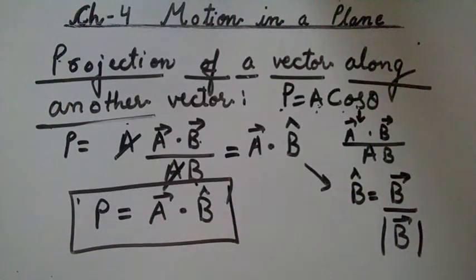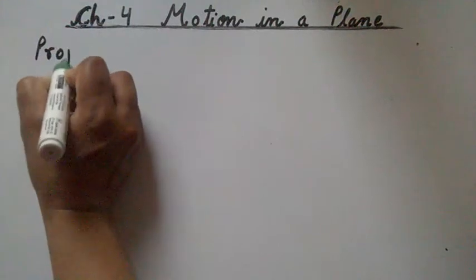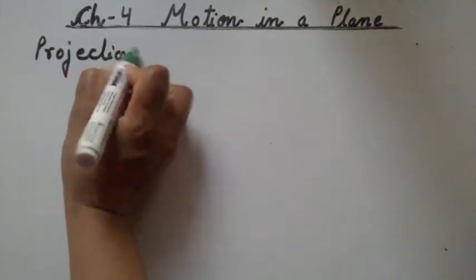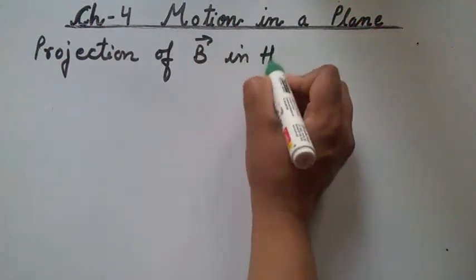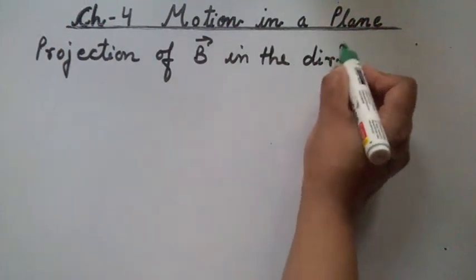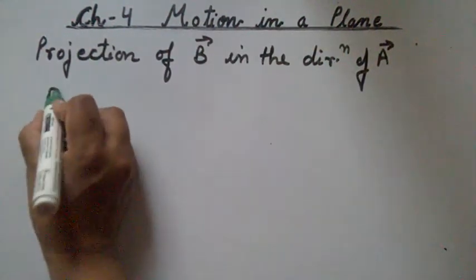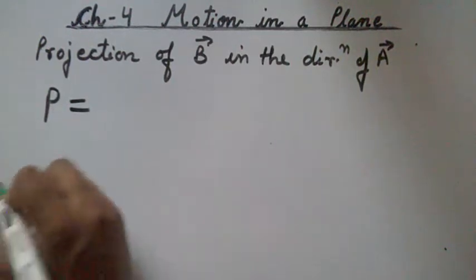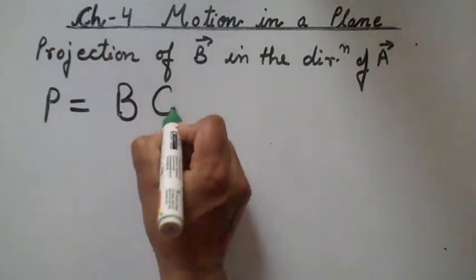Similarly, find the projection of B in the direction of vector A. So what will we write? Projection is denoted by P, and projection of B, therefore, is magnitude of B and its cos theta.